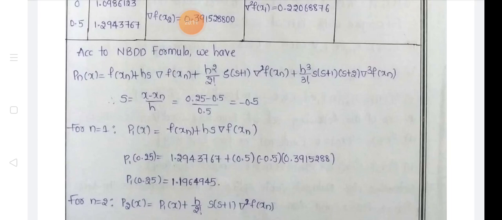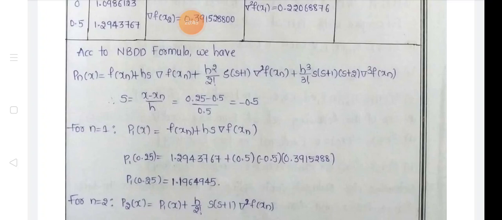For n equals 1, p1 of x equals f of xn plus hs del f of xn. Put x equals 0.25, p1 of 0.25 equals f of xn, 1.2943767 plus h 0.5 into s, minus 0.5, into del f of xn, 0.3915288.